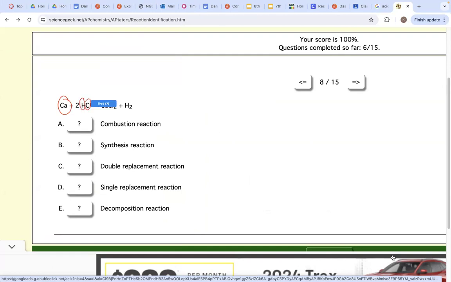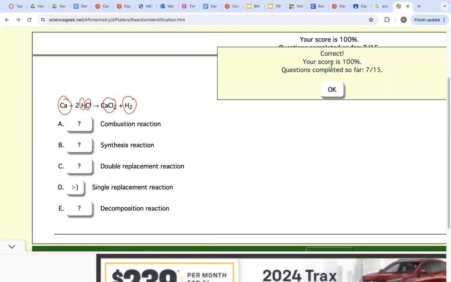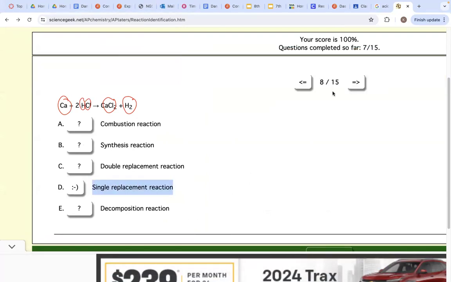Then all of a sudden, calcium was with Cl and H is by itself. That would be a single replacement. So basically it's just looking for the other element to be alone on the right side. Yes. Okay. Thank you.